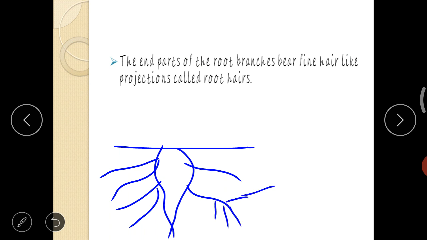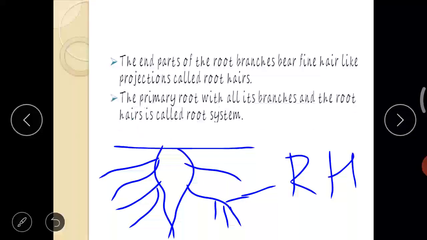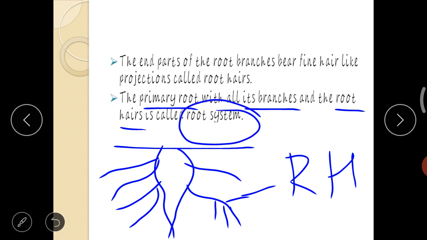They are called root hairs. The primary root with its branches and the root hairs together is called the root system.